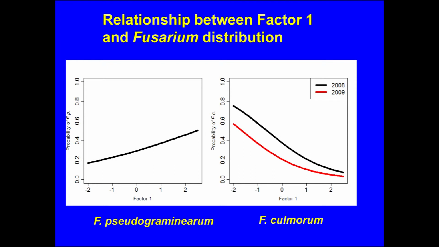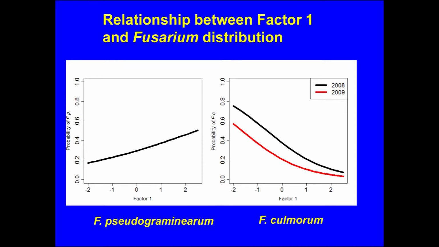And then finally, one more example. This is looking at the distribution of the 2 species and how they respond to factor 1. So again, this is the temperature factor. And we found that these 2 fungi have very, very different ecological niches. This is something that we had suspected based on previous studies. So here we see the probability of isolating Fusarium pseudograminearum.